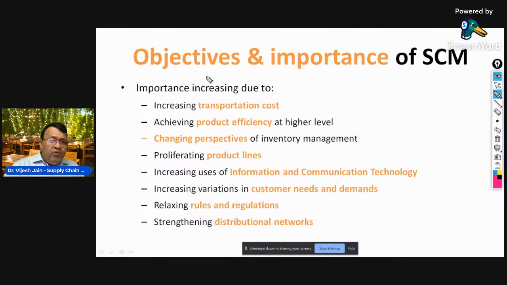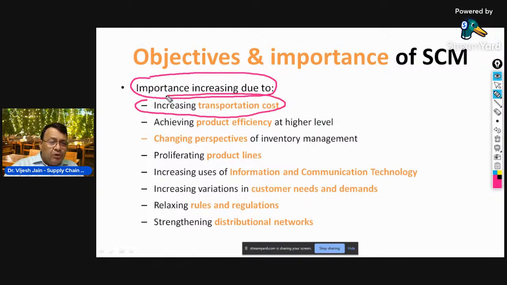If we talk of the increase in the importance of international supply chain management and international logistics, the importance originates from a few facts, for example, increasing transportation cost and the need of achieving product efficiency at higher levels.